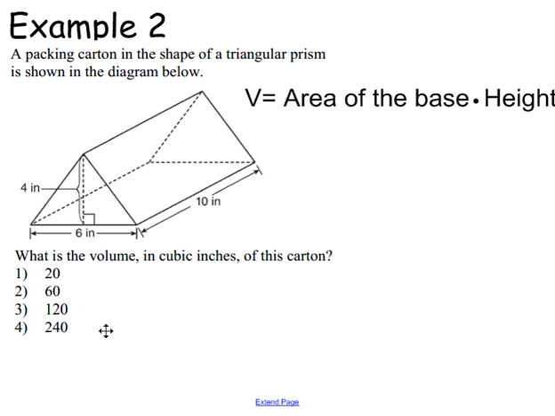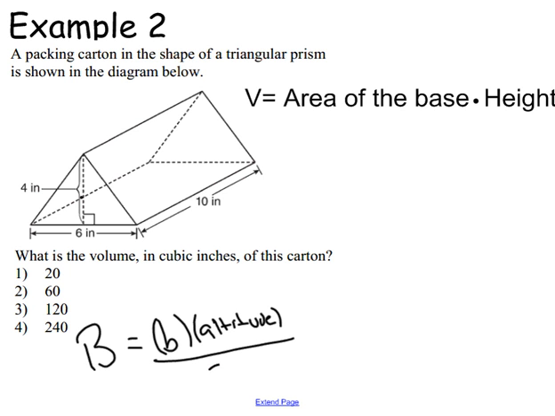So the area of the base, so capital B, area of the base, is equal to base times the height of the triangle, but I'm not going to call it height, I'm going to call it altitude, because I don't want you to confuse it with the other height.